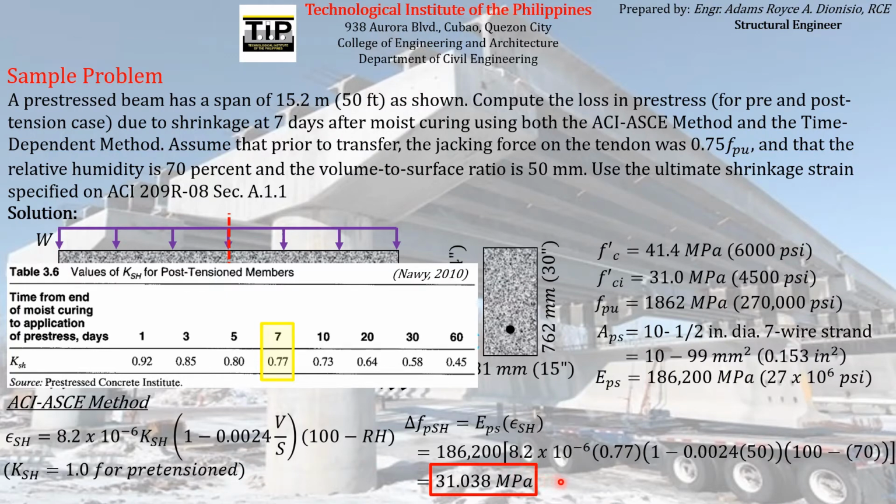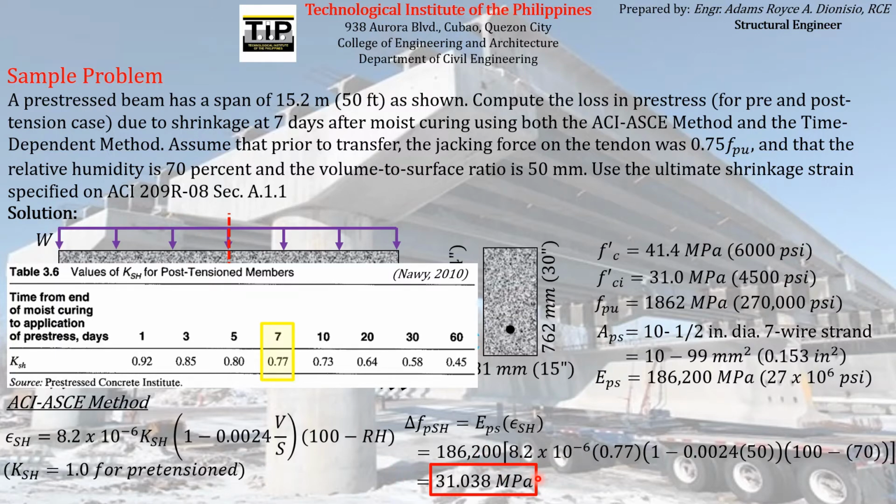This actually proves the statement we said a while ago, which says that the pre-stress loss for post-tension members is usually less than the pre-stress loss experienced by the pre-stressing reinforcement for pretension members due to shrinkage of concrete. So it is proven here in our actual computation.